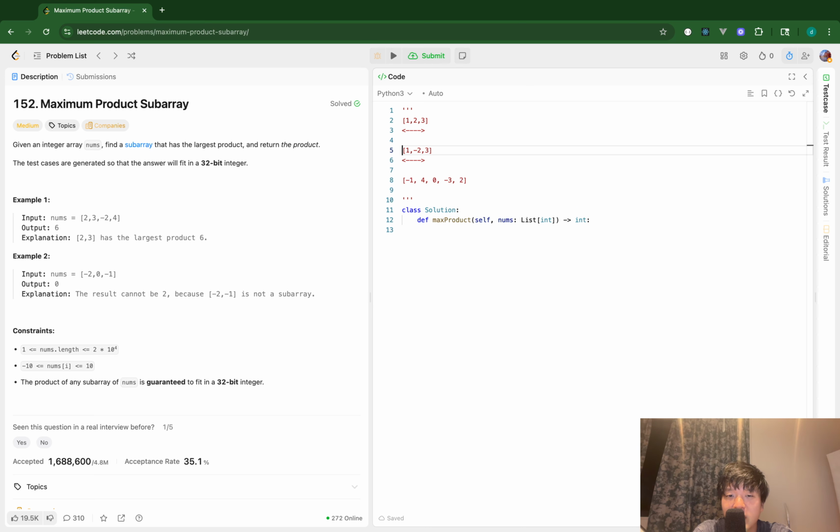In this case, the maximum subarray should be only 3. And in this case, the maximum product should be 4, obviously. But let me include something more. Let me do it this way. In this case, it should be this 6.